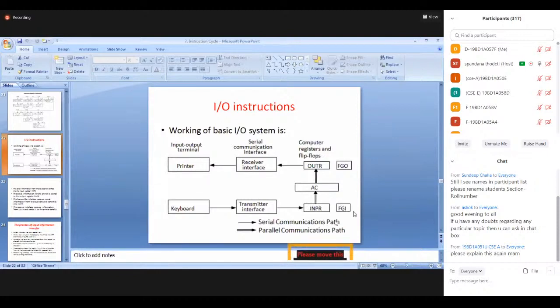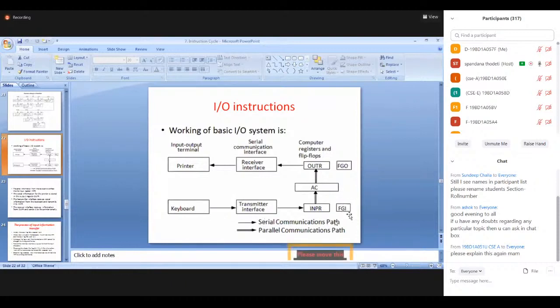FGI is set to 1. Whenever FGI is equal to 1, INPR is unable to accept the input character. At that time, if you hit anything on the keyboard, those input characters will be maintained in a queue at the transmitter interface, right?